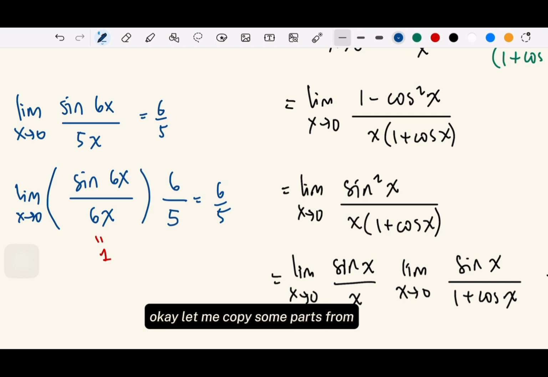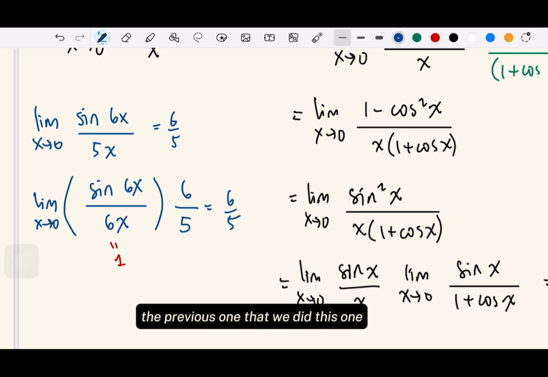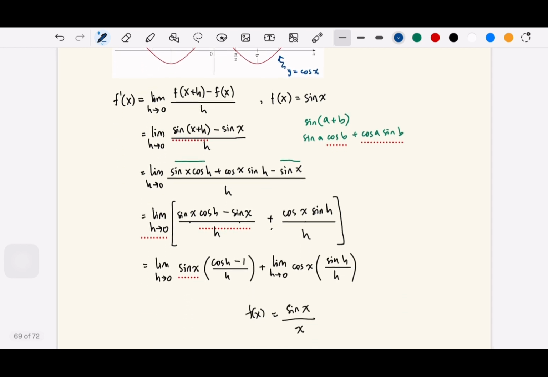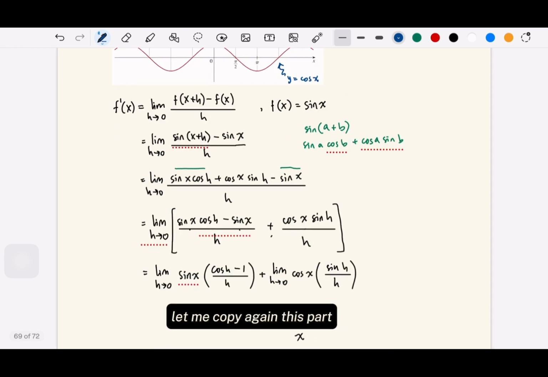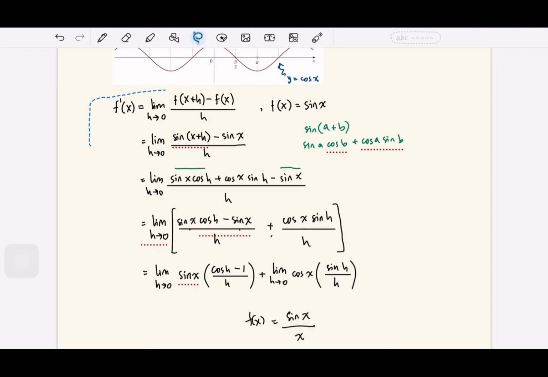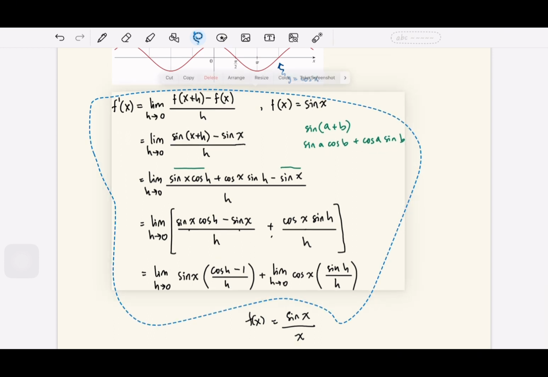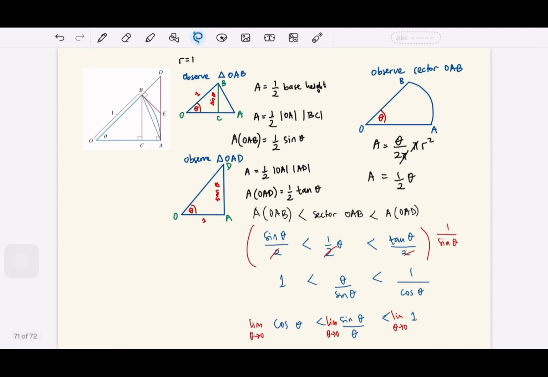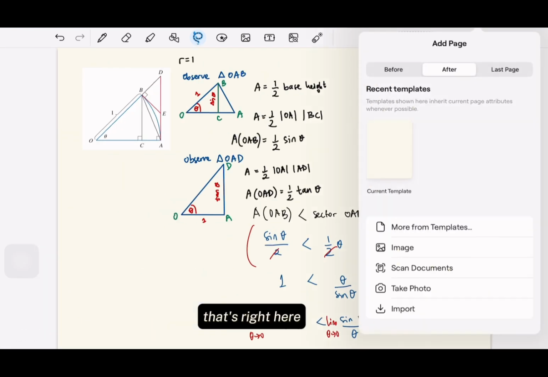Okay, let me copy some parts from the previous one that we did. This one. Let me copy again this part, and that's right here.